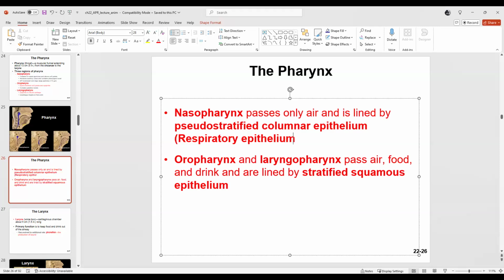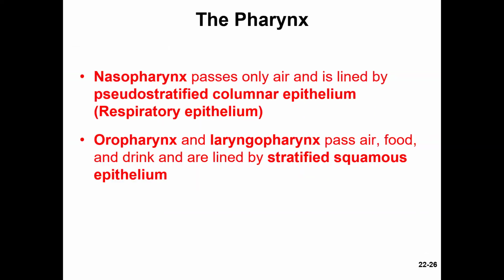It's mentioned previously, but respiratory epithelium is that simple or pseudostratified columnar with cilia. That's found in the nasopharynx, but then it changes.